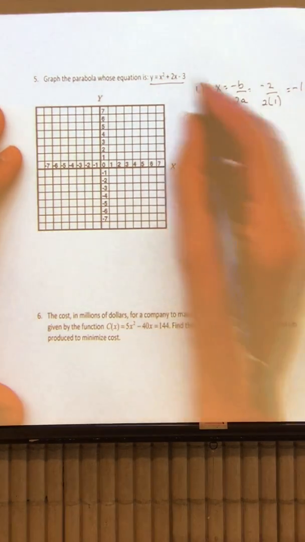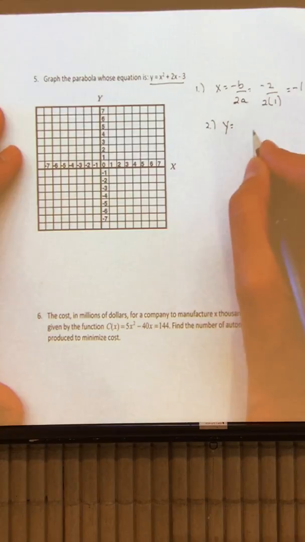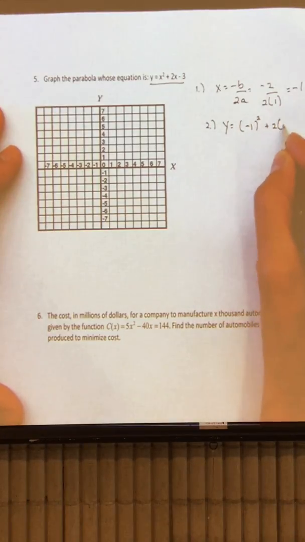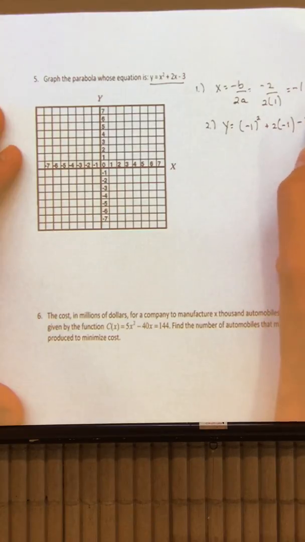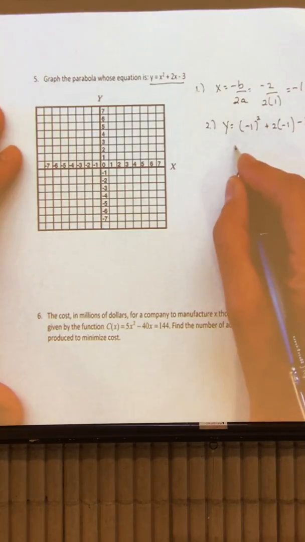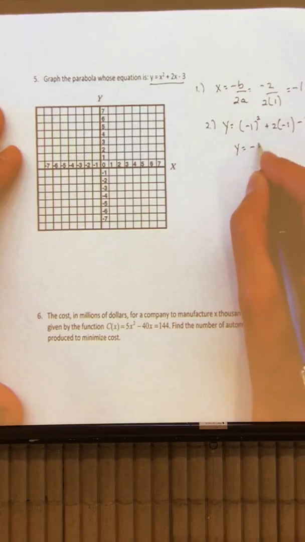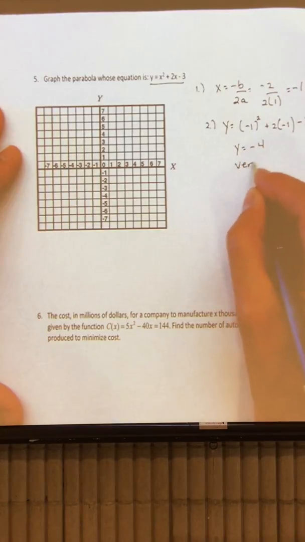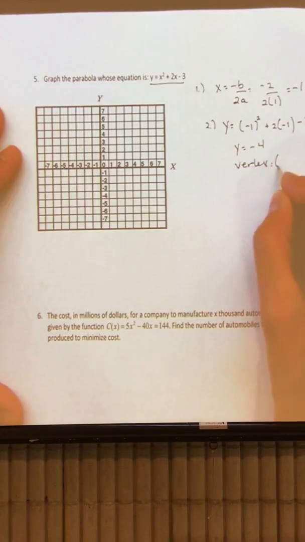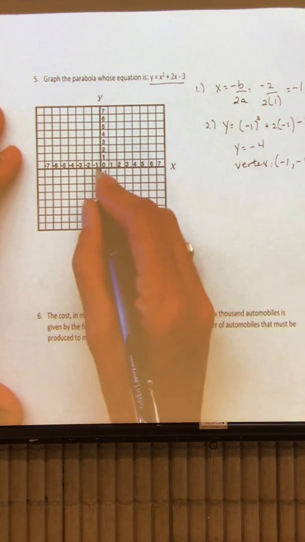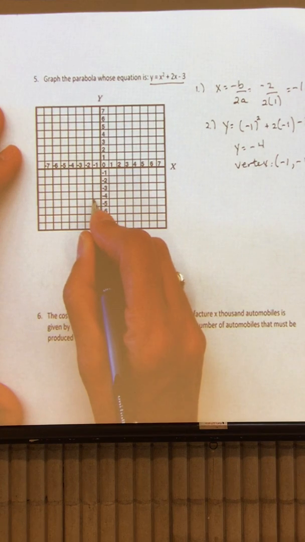Substituting the x value back into the equation, y is equal to negative 1 squared plus 2 times negative 1 minus 3. Therefore, your y is equal to negative 4, which makes our vertex negative 1, negative 4. So you have negative 1, negative 4, which is right here.